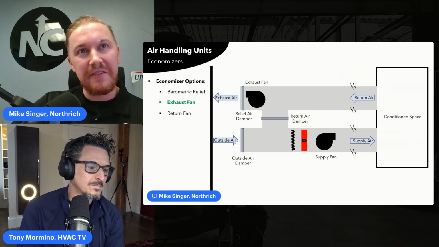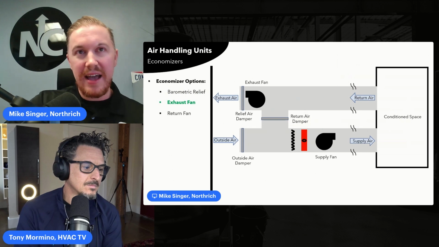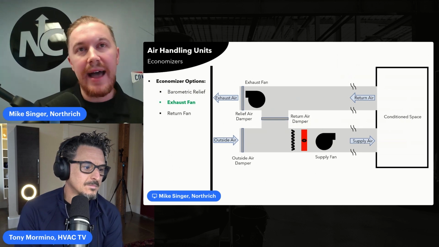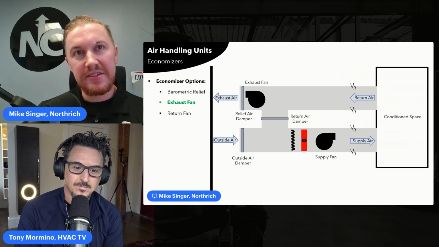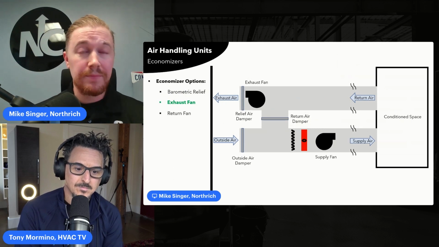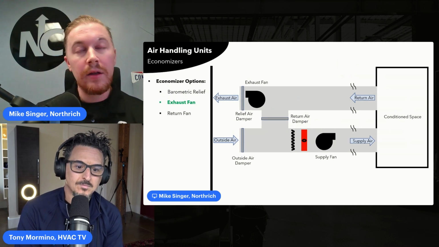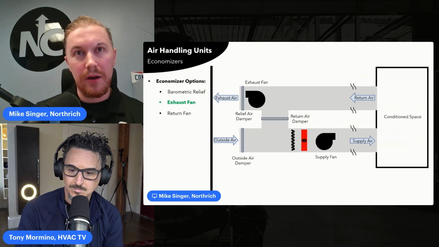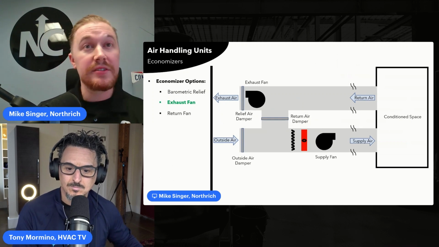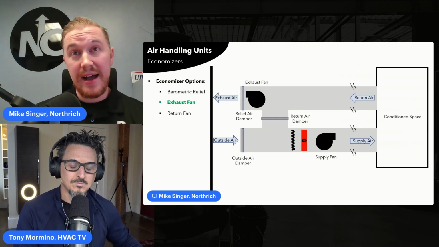Moving on to the exhaust fan style economizer, you can see I've added a fan to the left of the return damper. I still have my supply fan. What's going on here? Well, instead of just relying on a weighted damper to expel our air, now we've got some static capability with an exhaust fan.